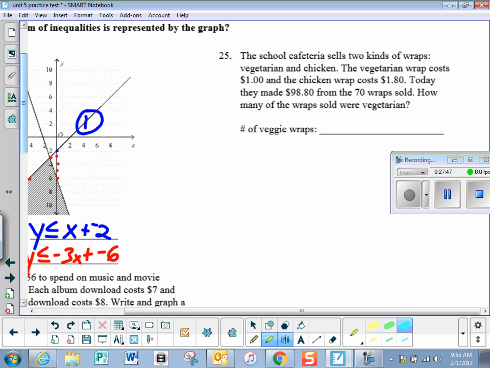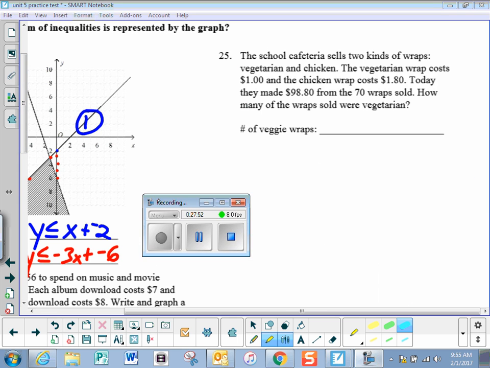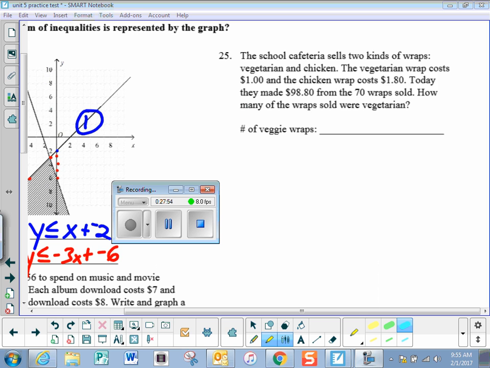Okay, this takes you back to the system of equations from last unit. I thought that would be a good bonus. Not terribly difficult if you remember what you did.